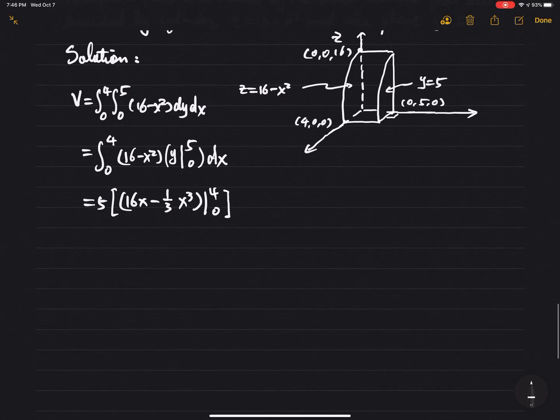Plug in 0 and 4, so you have 5 times, well, 4 to the third is 64, so 64 times 1 minus 1/3, that's 2/3.